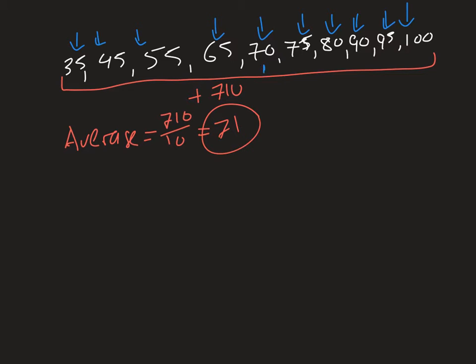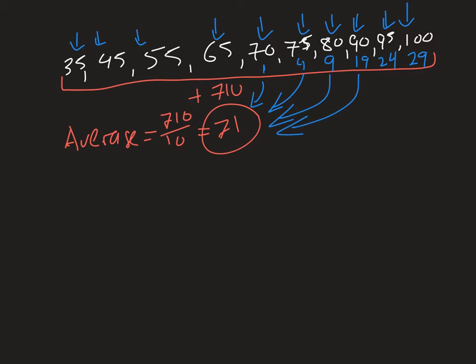This is 1 above, so a distance of 1 from the average. 75 is 4, 80 is 9, 90 would be 19, 95 would be 24, and 100 would be 29 away from the average. We're just using these as a way of saying how far off each of these is from the average, and we're going to do that with every data point.